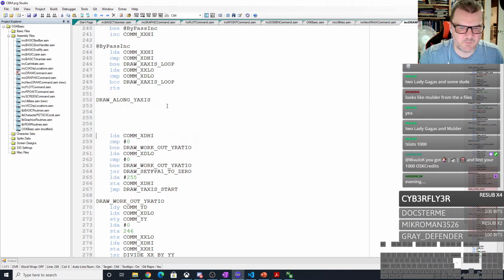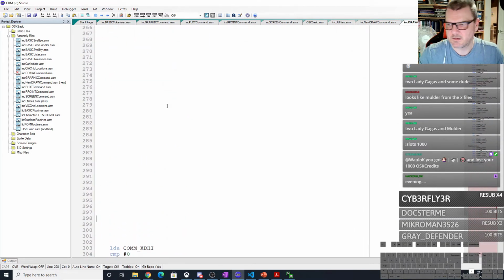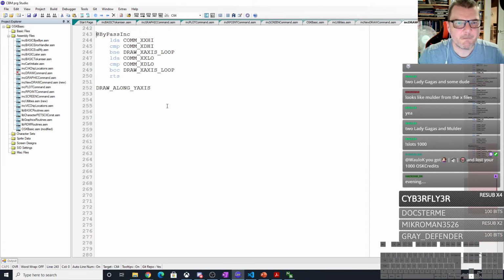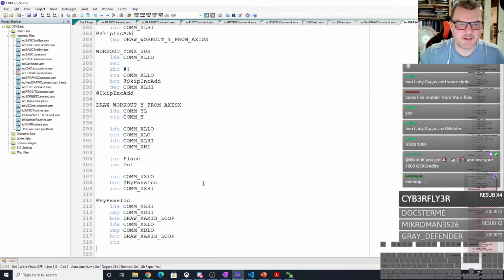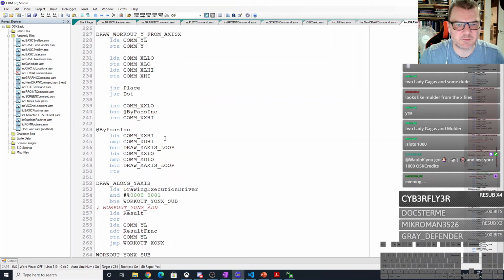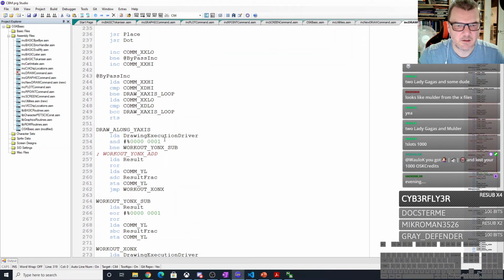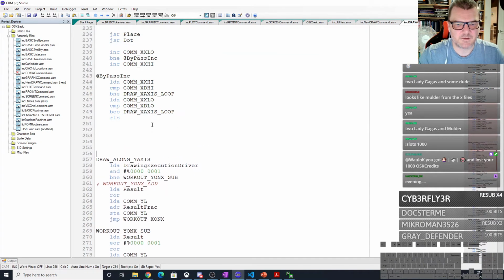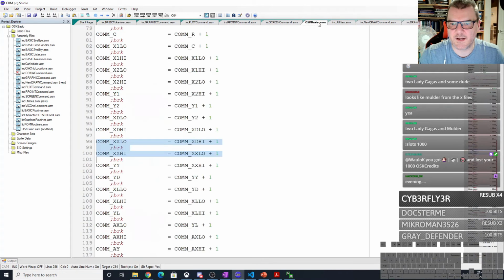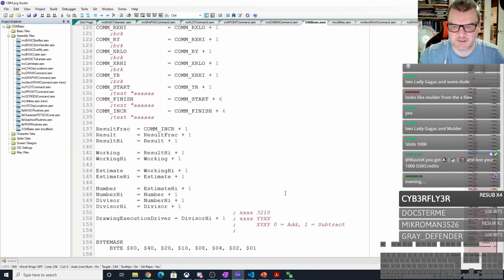So we'll just move that out of the way. Paste that in, and we'll change all the variables. Right, so that's where we're doing. So on the y-axis, we are now concentrating on these two bits.